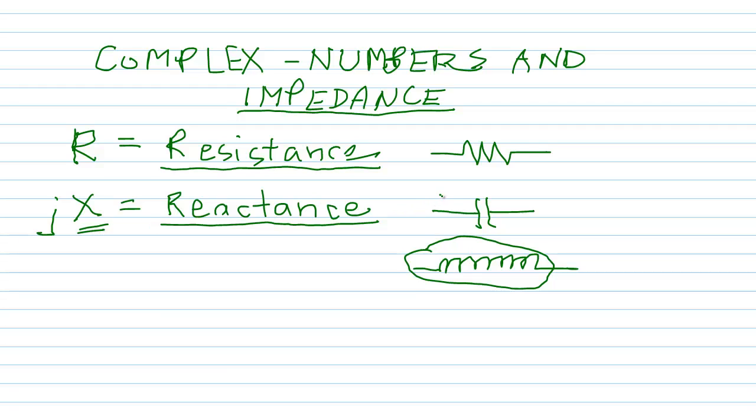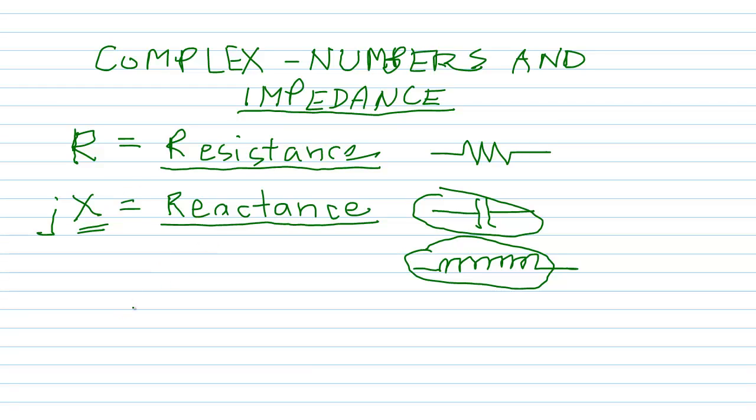If, on the other hand, we have a capacitance, then the reactance is negative imaginary. So in the case of an inductor, X is a positive real number, and in the case of a capacitor, X is a negative real number.